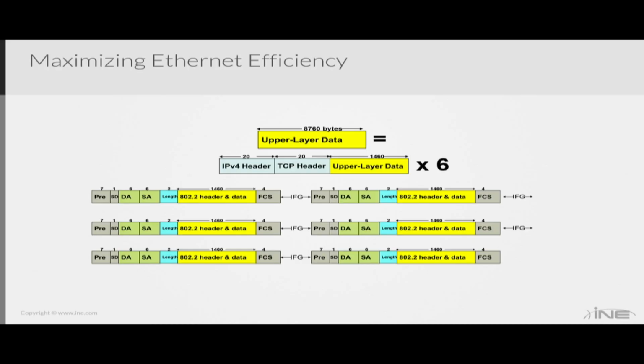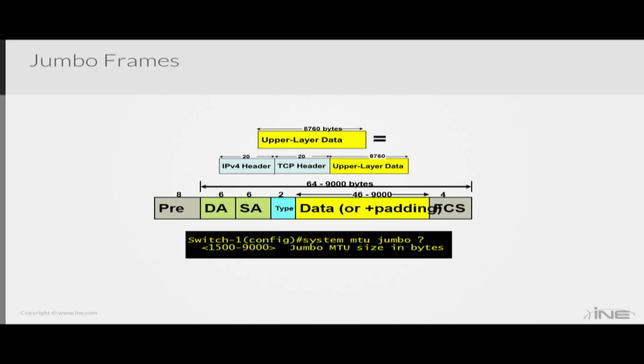Well, what if I've got 2 servers that need to communicate, and these servers are doing massive data backup? Maybe they're connected via a gig link that's super fast, and they just have to slam each other with massive data transfers. Well, this will work, but wouldn't it be more efficient if I could create one Ethernet frame that contained all of that?